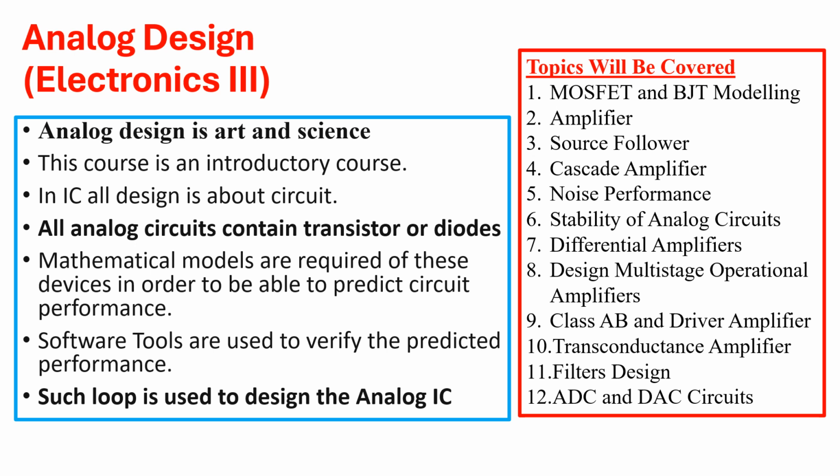For the design of analog circuits, and particularly analog integrated circuits, we need to be able to predict the ultimate performance of the circuit by the use of some mathematical expressions.